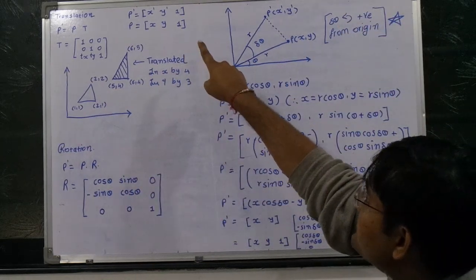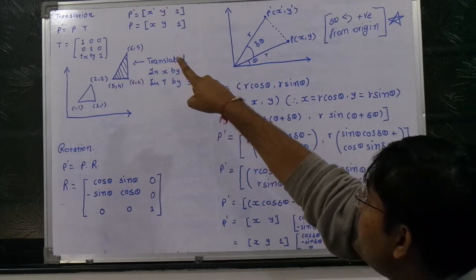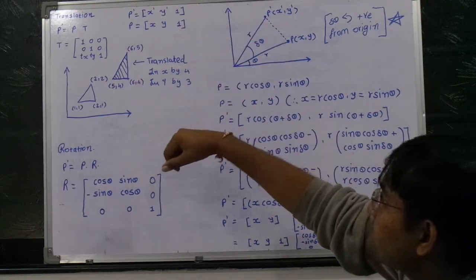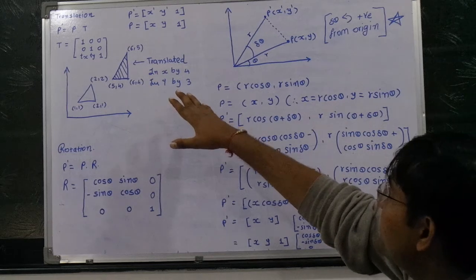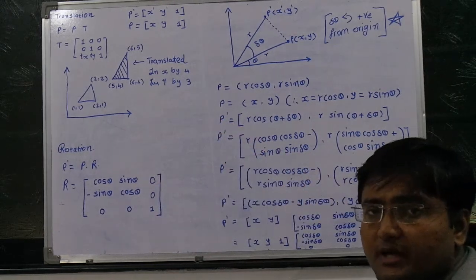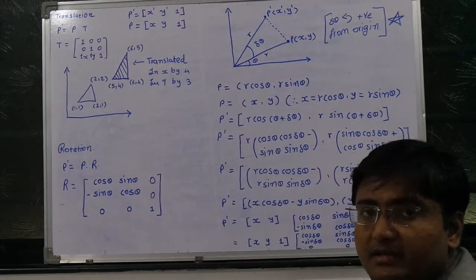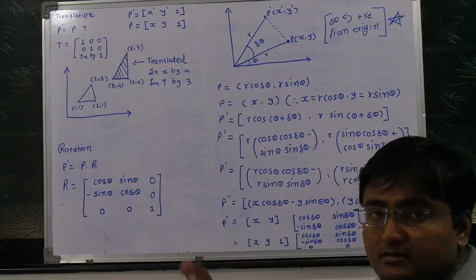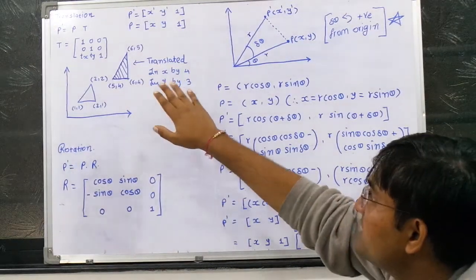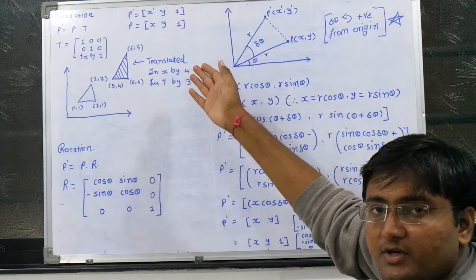P dash is x dash y dash 1 and P is equal to x y 1, which is differentiated here. So I hope the translation matrix and the rotational matrix are clear in your mind. Remember these two points. This will help you in the next video.